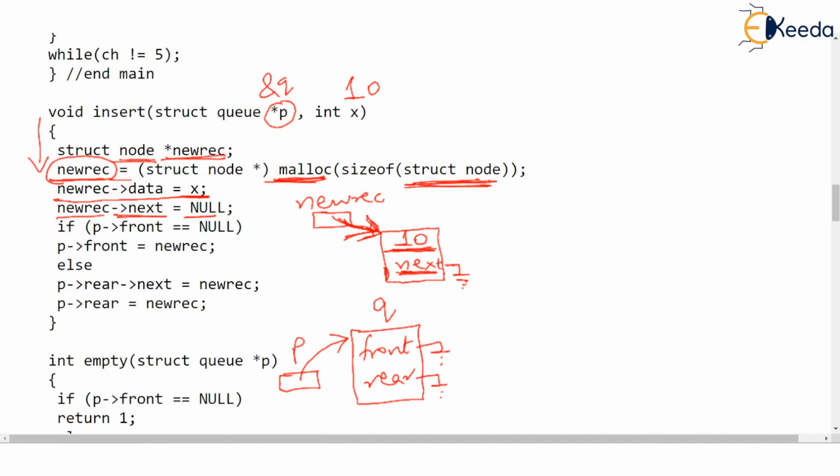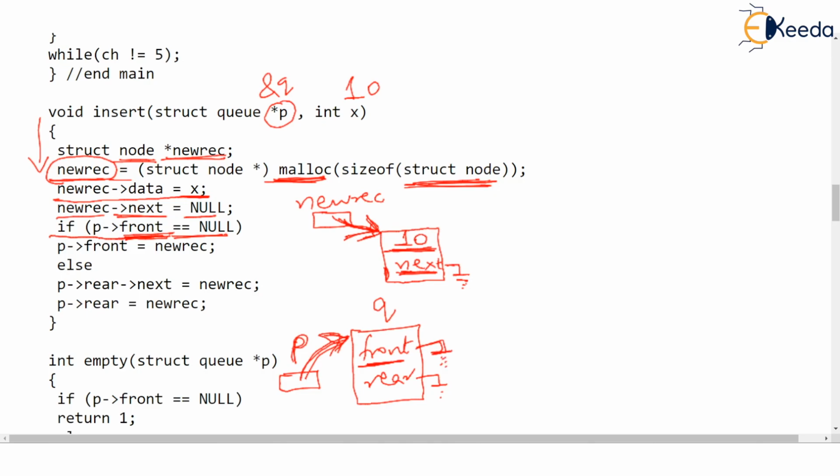Next, we ask a very simple question. What is the condition of the front pointer? Is p arrow front at the moment null? Just observe at the bottom of the screen. p pointer, p arrow front. We are talking about this front. Is it null? Yes, indeed we did that to begin with in main.